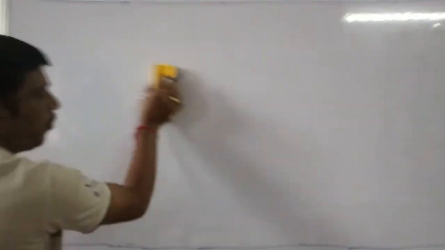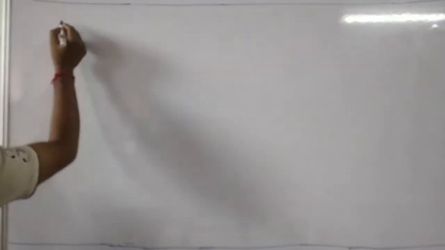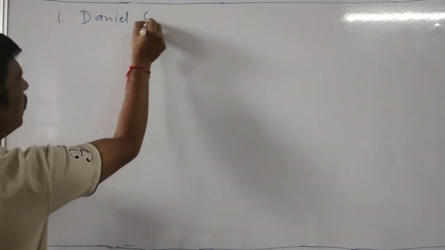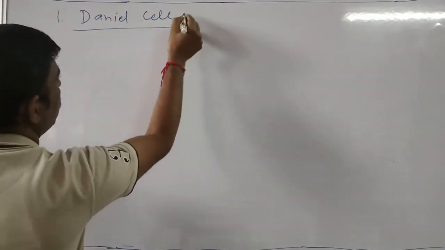Now our main point is the Daniell cell. No doubt the Daniell cell is the famous example of a galvanic cell, meaning voltage cell. So let us see how it is constructed.